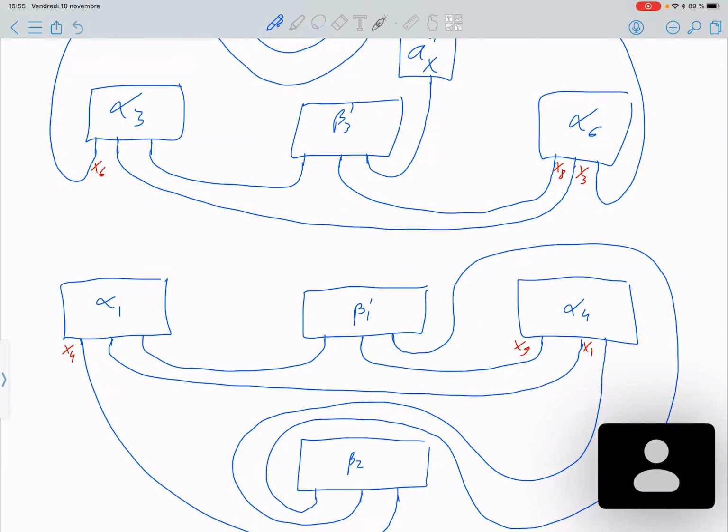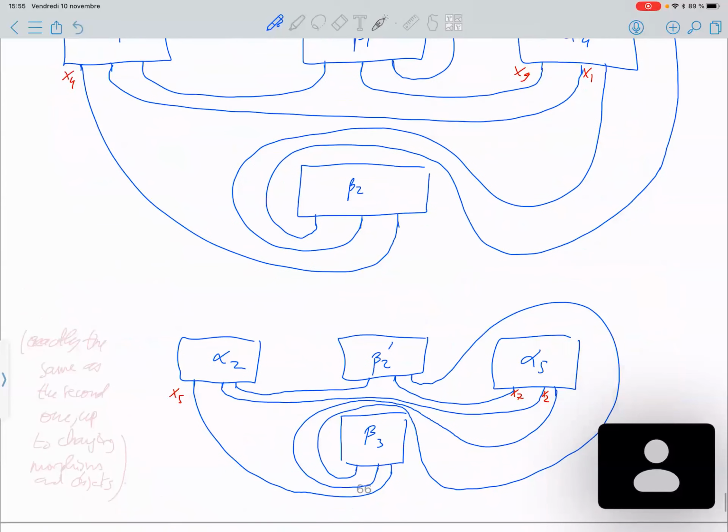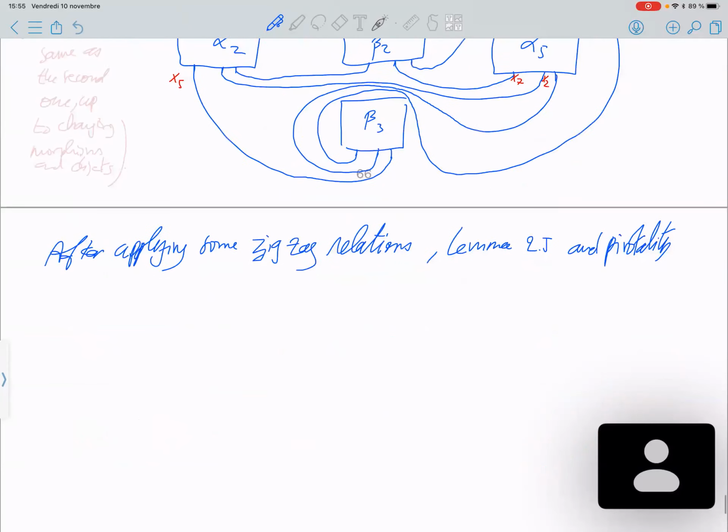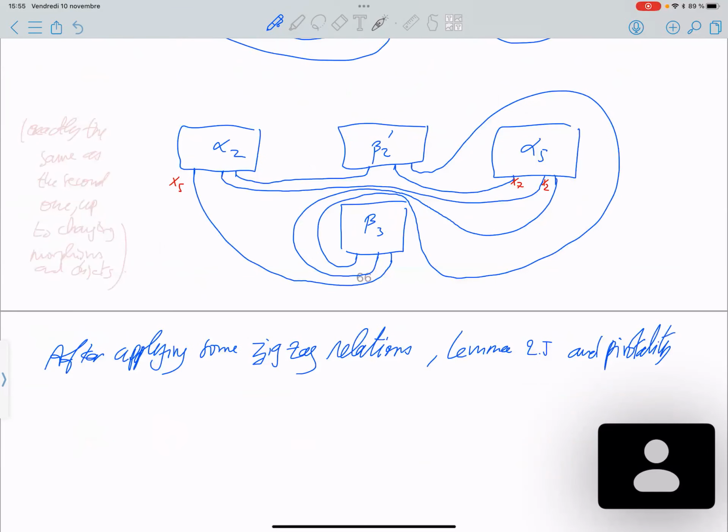Maybe when you apply three times the natural transformation rho, it's like doing the double dual, and the double dual is related to the definition of pivotality. So to simplify, you need to involve the double dual and the definition of pivotality somewhere.